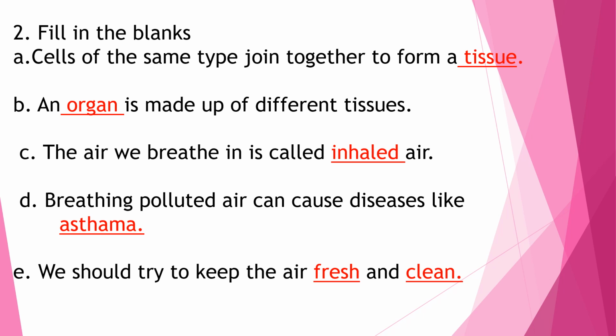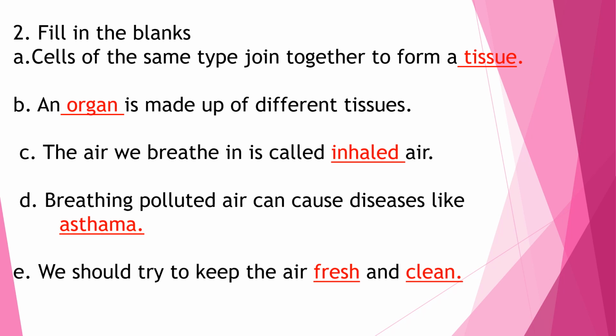Okay, so the answer is tissue. In the human body, cells are the basic unit of life, and groups of cells working together for a specific function form tissue. That means the cells which are of the same type, when they join together, form a tissue.